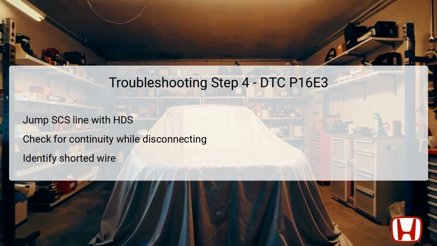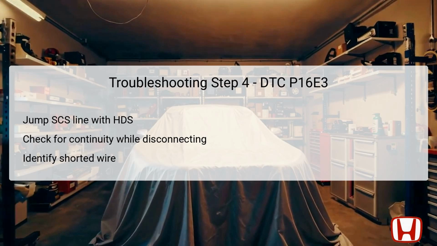In this step, you will focus on isolating the LIN communication issue further by employing the HDS to jump the SCS (Service Check Short) line. This action sets up the necessary conditions for testing continuity while systematically disconnecting various connectors. Begin with the 12-volt battery sensor connector's terminal number 3 and check for continuity to body ground as you disconnect other connectors in sequence.